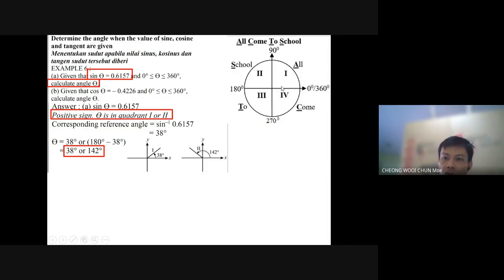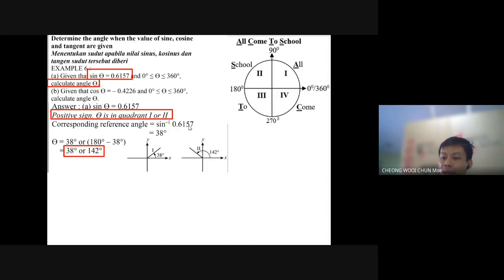To get the angle over here, you bring over the sine, you get sine inverse of 0.6157. So you press shift sine 0.6157, and you get 38.00280116.